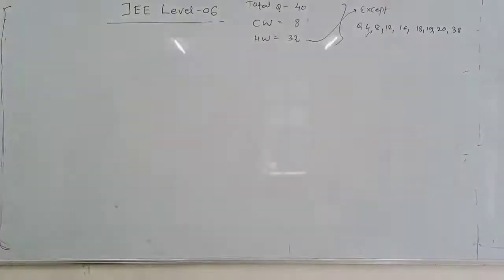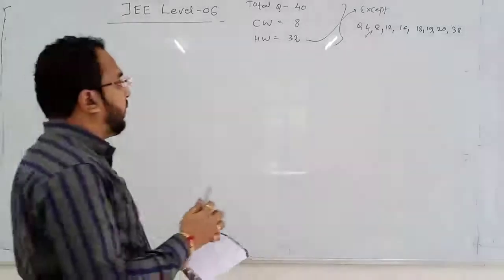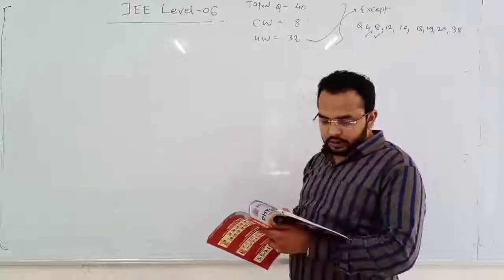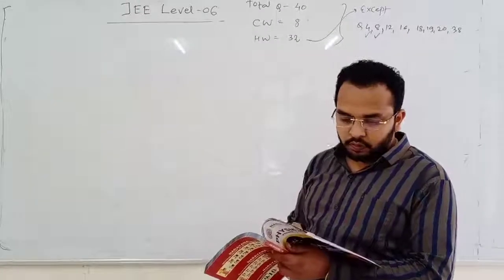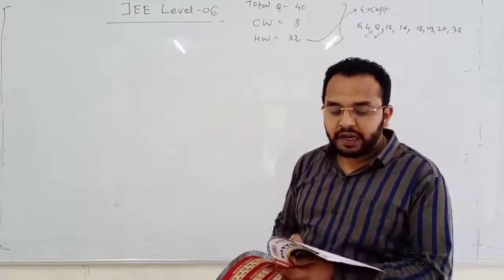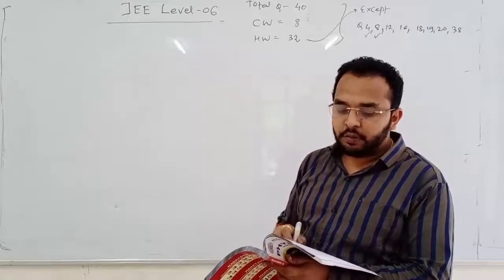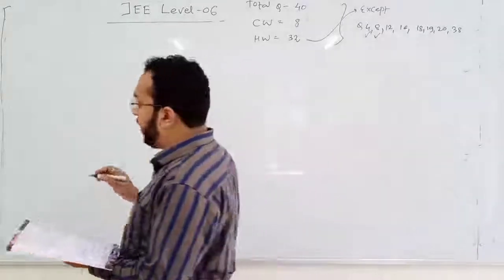Now question number 12. Again here in question number 12, more than one option is correct. Now the question: when a point light source of power W is emitting monochromatic light of wavelength lambda.